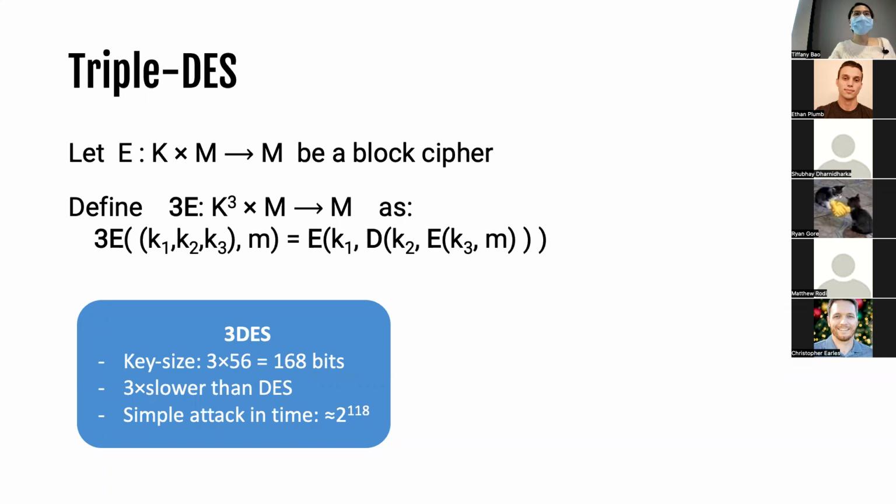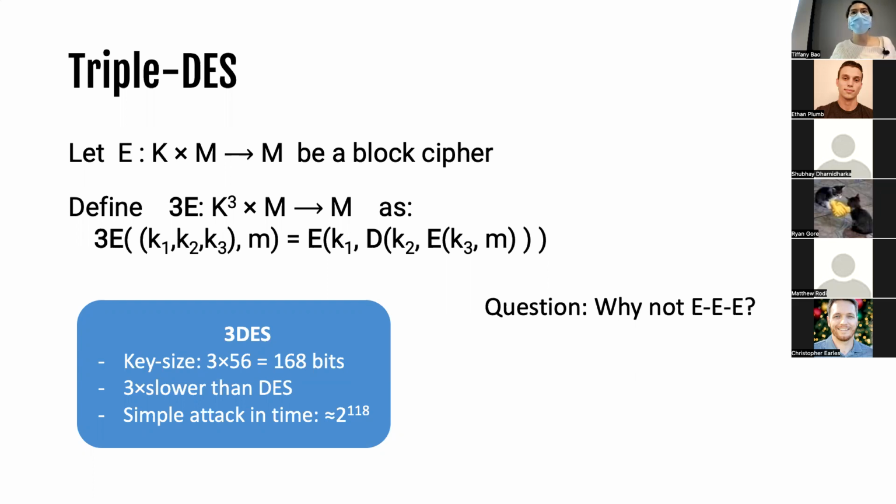All right. So now I have a brain teaser for you guys. Right now when I talk about 3DES, I told you that you want to start with encryption and then decryption, right? And then encryption again. Why don't we just make it encryption, encryption, encryption, instead of encryption, decryption, encryption?